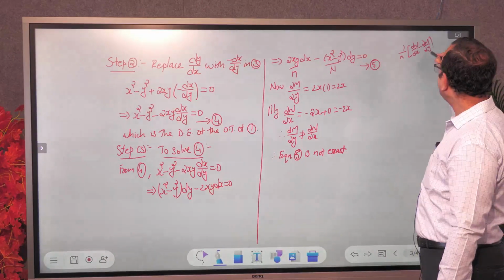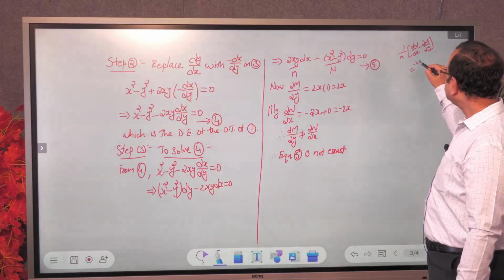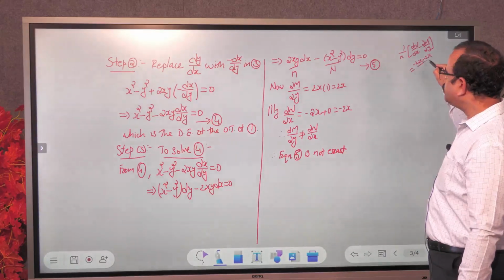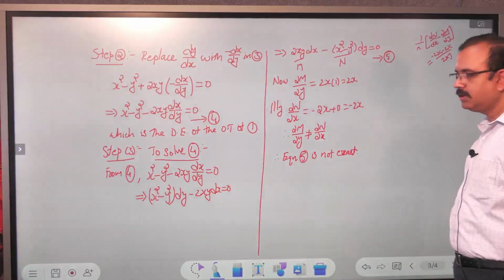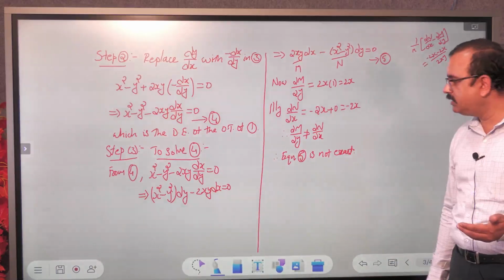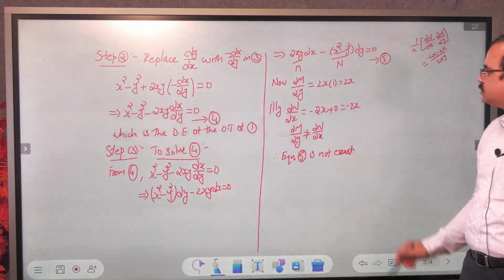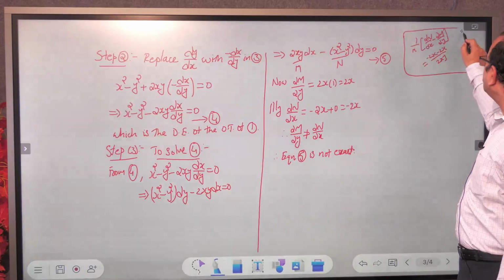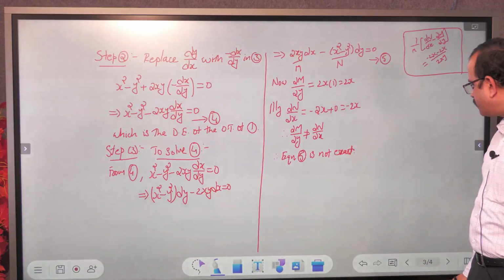If it is a function of y alone, then we can go with this. Dou N by dou x here is minus 2x, minus dou M by dou y means minus 2x, divided by M, which is 2xy. So totally we will get a function of x alone. Therefore, instead of taking 1 by Mx plus Ny as an integrating factor, we can take 1 by M into something else as an integrating factor. Like this we have to check it in the margin, and we can conclude which one we can take as an integrating factor.